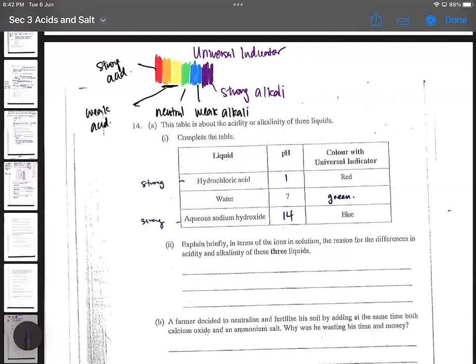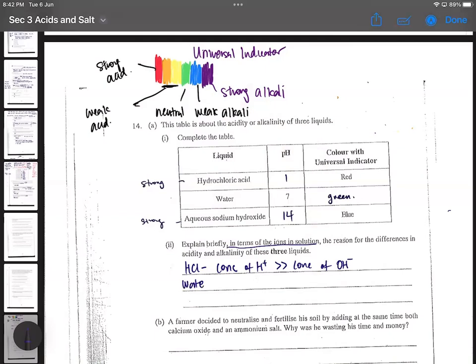Okay, part 2. In terms of the ions, explain the difference in the alkalinity of these three solutions. As we mentioned just now, when your solution is acidic, you have more of one of them. So for the acidic solution, HCl, don't use the word number, we use the word concentration. We have a concentration of H plus more than the concentration of OH minus ions, because the question says explain briefly in terms of the ions in the solution.